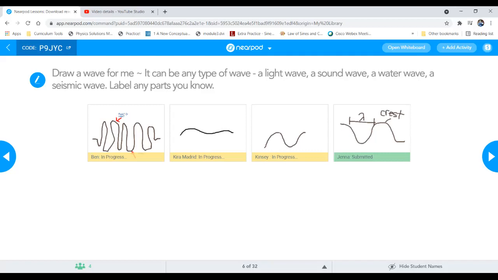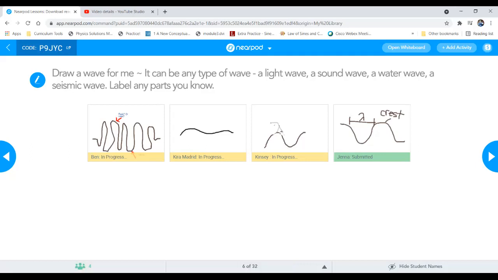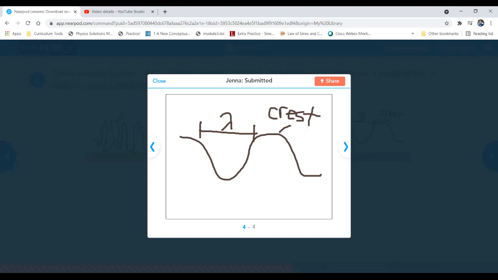And I see a nice long wave for Kira. All right. And I like this because I can see what you are remembering, and I see wavelength and I see valley. We usually refer to it as a trough. Here's Jenna's.